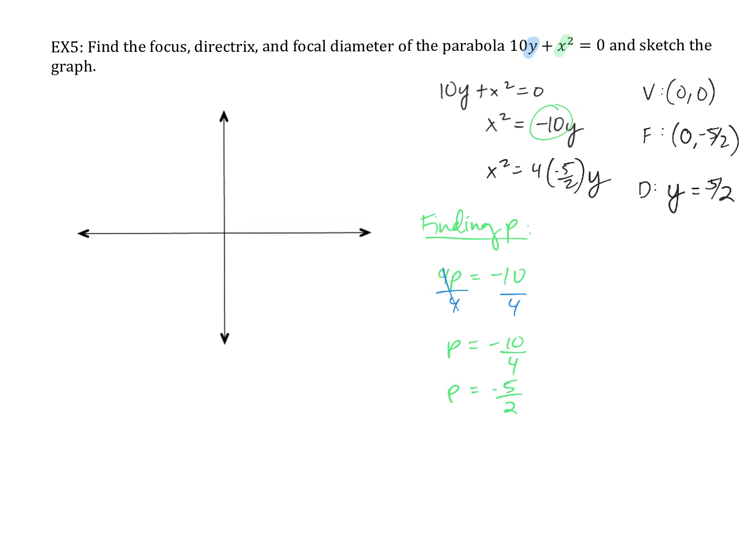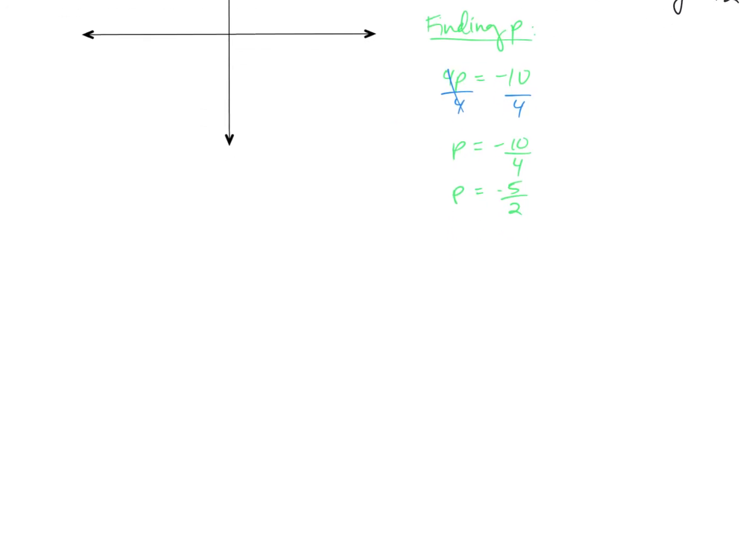The next thing we need to find is the focal diameter. So instead of using the table of values to find my other points, we're going to be using the focal diameter. So let's go ahead and set that up. We're going to use the absolute value of 4p.